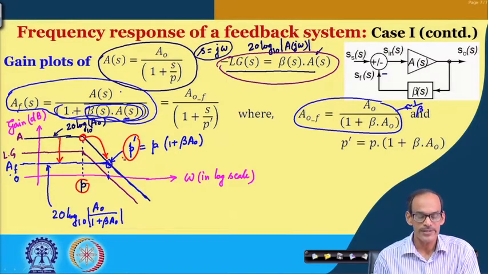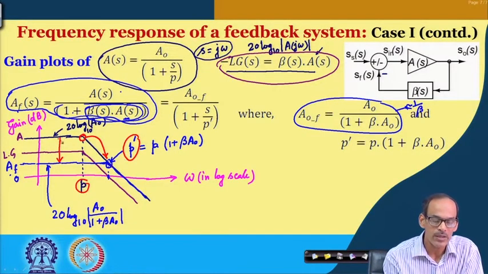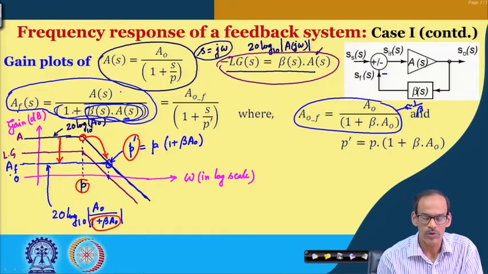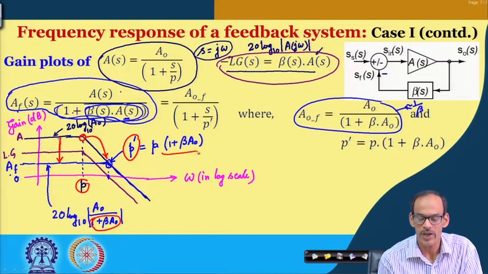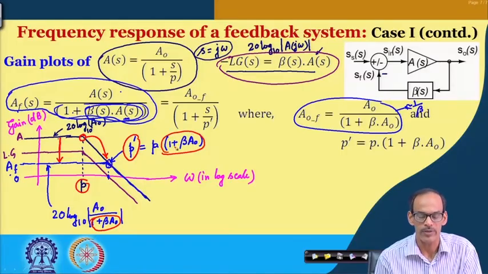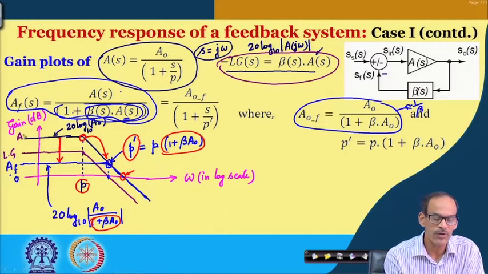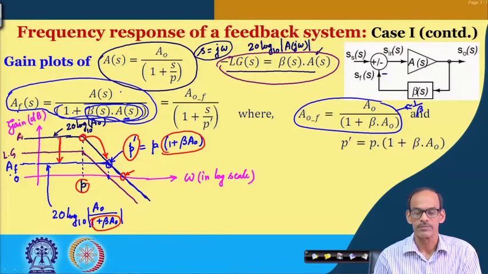Incidentally, the reduction of this gain happens by the factor 1 plus beta into A, and the pole location is shifted up by the same factor 1 plus beta into A. And finally, the gain bandwidth product or unity gain frequency remains the same for A and AF, right.